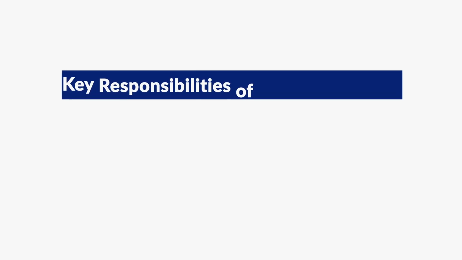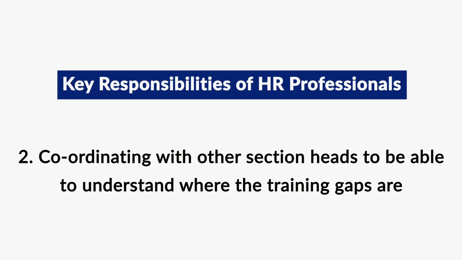One way the employer can make sure that the staff perform to their level best is by empowering them with the right skills, and this is where training and development comes in. So it's the role of HR to coordinate with the other section heads to understand where the training gaps are, so that HR can then look at the solutions.